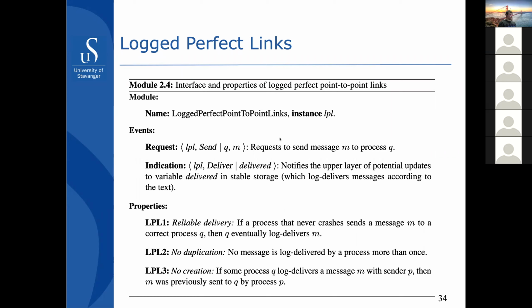This algorithm is in the crash recover model. So if we allow a process to crash and later recover, we need some way to guarantee property number 2, no duplication. If a process crashes and then recovers later on, it should still provide this property.